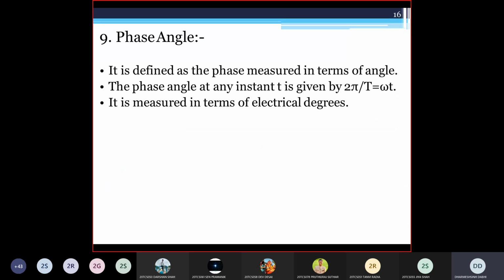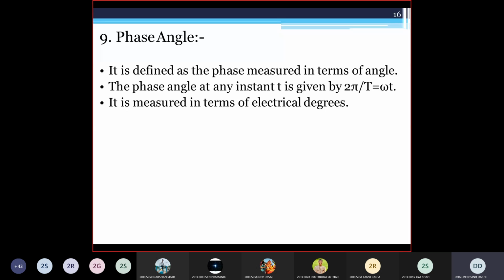In the same way, phase angle. What is phase angle? It is a measurement of the angle of any alternating quantity at a particular instant of time. Suppose my AC sine wave completes one complete cycle in 20 milliseconds. Then at t equal to 5 milliseconds, what is the angle?